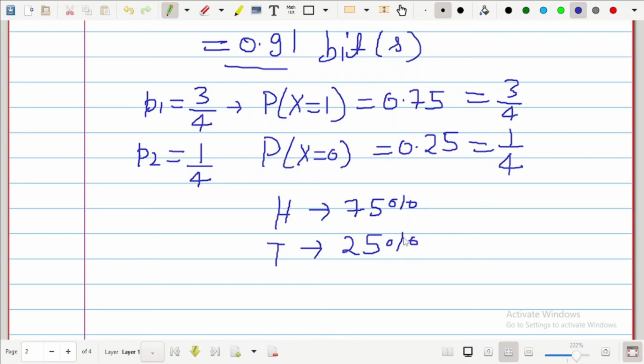So here uncertainty is decreased and certainty is increased. Let us measure it.